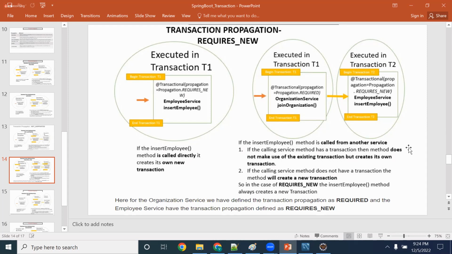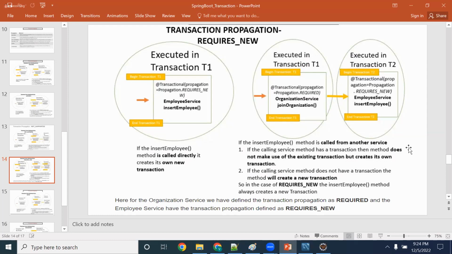In case of required propagation, by default both will manage a single transaction object. If the parent has a transaction object, a main transaction object gets created. Even though you have a transaction object at employee level or at insurance level, it will be ignored.